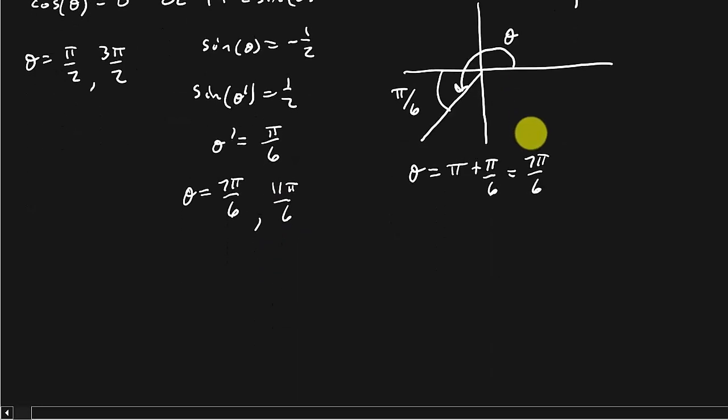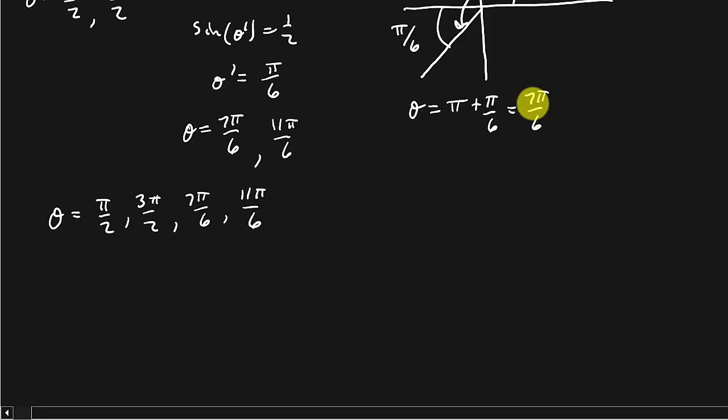So my possible horizontal tangents are theta equals pi over 2, 3 pi over 2, 7 pi over 6, and 11 pi over 6. Okay? That's for horizontal.